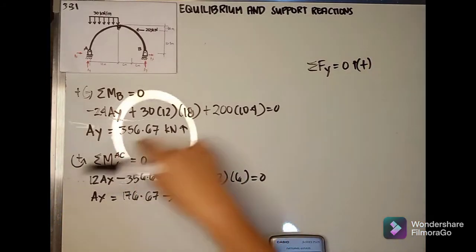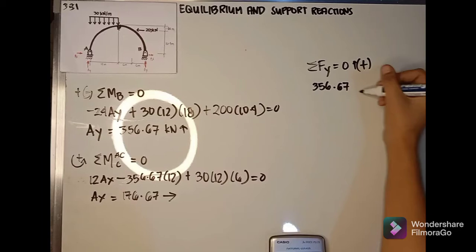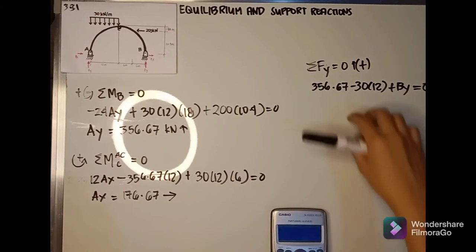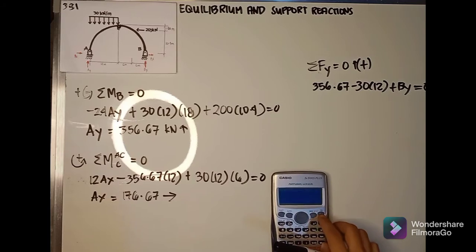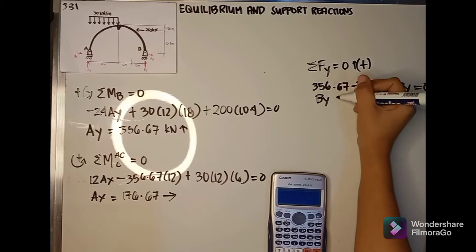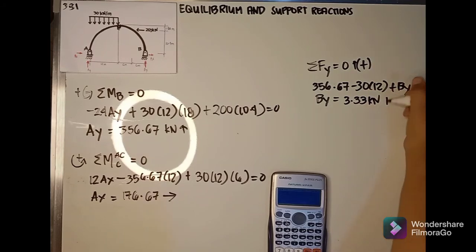So, AY, positive 356.67, then negative 30 times 12, plus BY equals 0. Transferring them to the other side, solving for BY, BY is negative 356.67 plus 30 times 12, which is 3.33 kN upward.